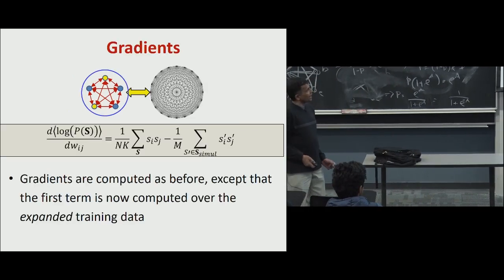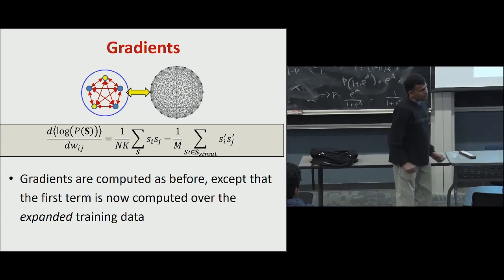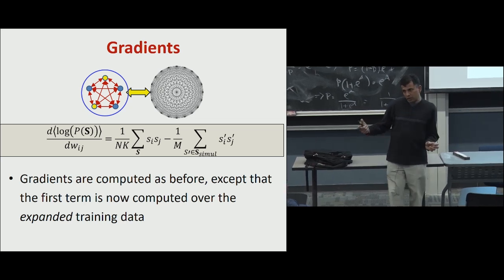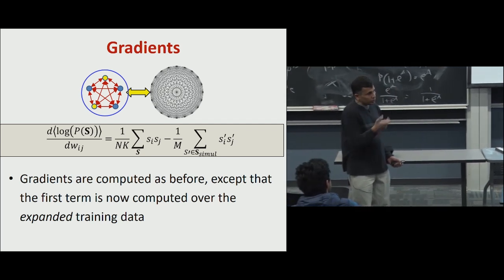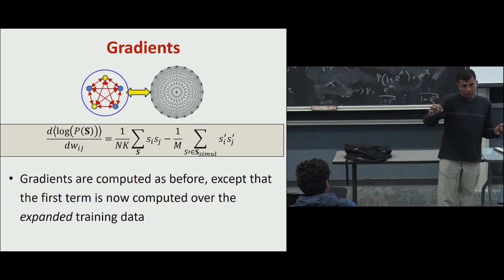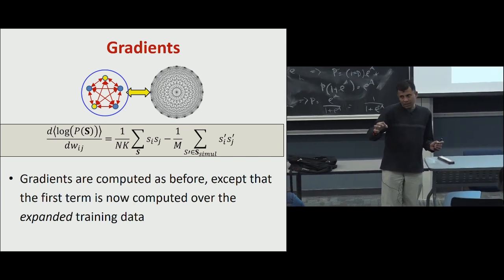And then having done that, the gradient is simply going to be the difference between the averages of the products. The derivative of the log likelihood with respect to any weight is the average of the product of the two neuron outputs on either side of the weight, the two neurons on either side of the edge.